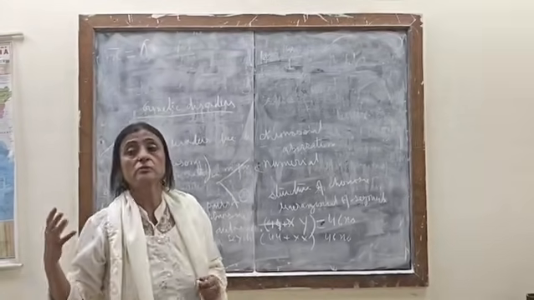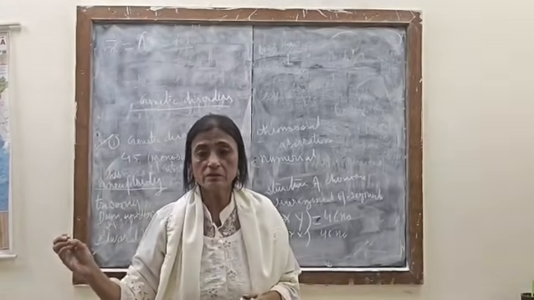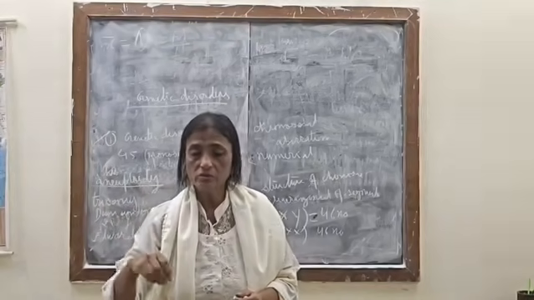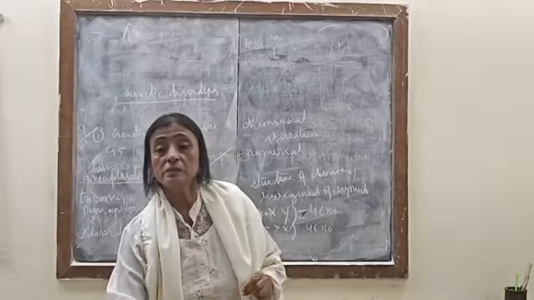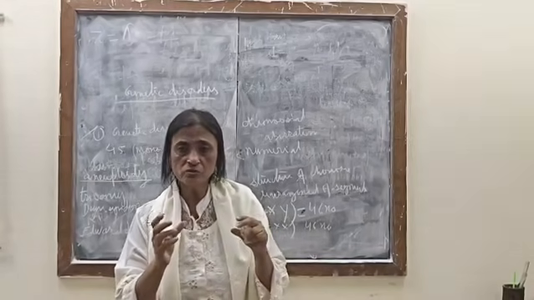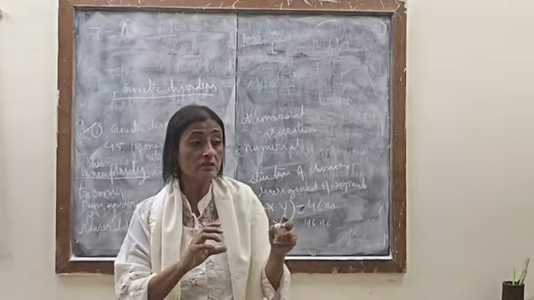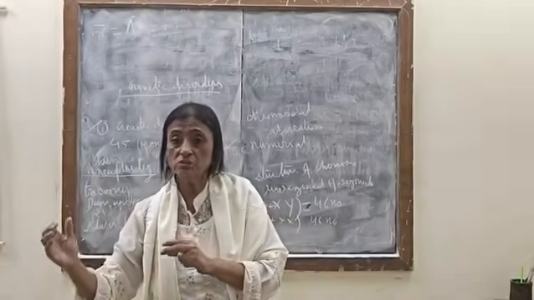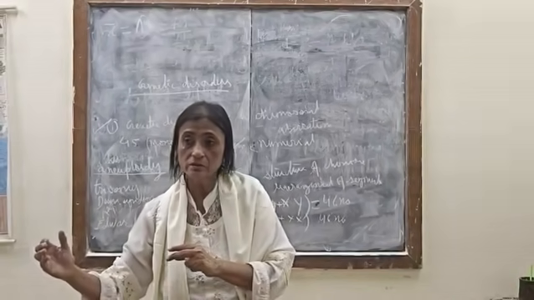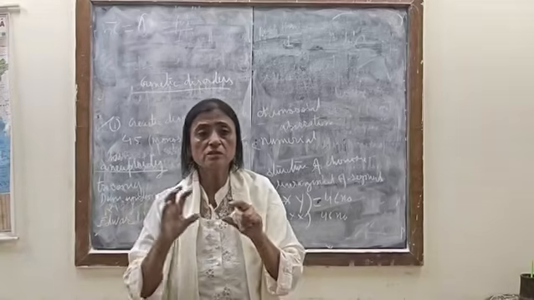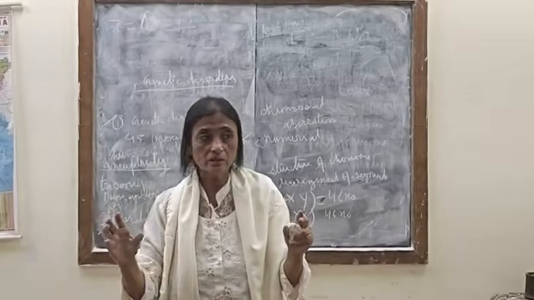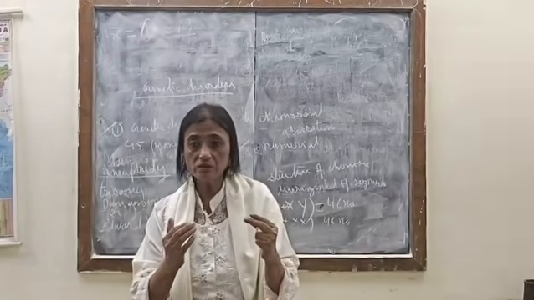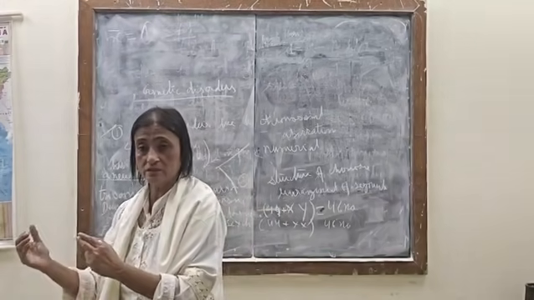And this chromosomal numerical aberration occurs by meiosis as well as by mitosis. The main reason is non-disjunction of the pair of chromosomes. Non-disjunction means the chromosomes are not able to separate properly, so that they pass to the gamete as such.